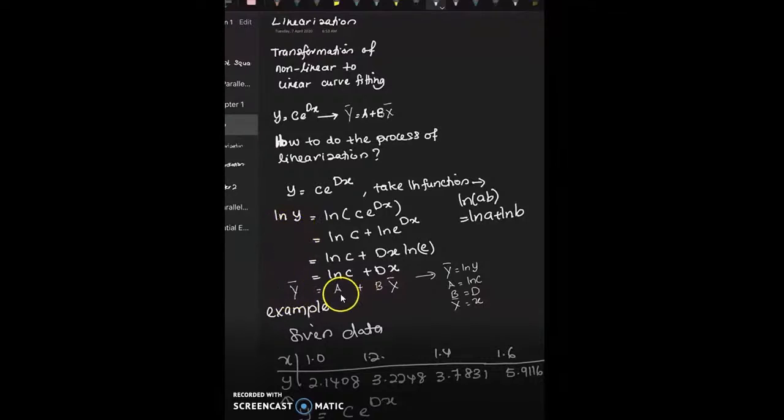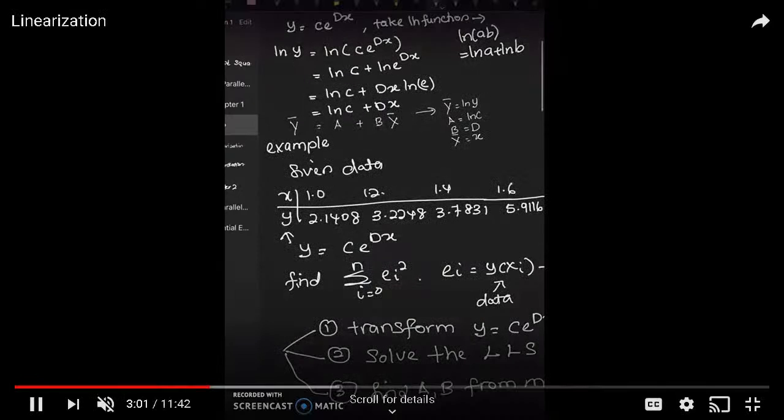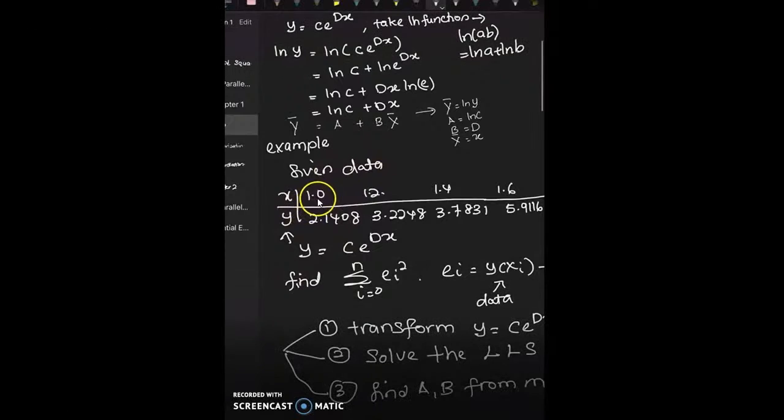Now let's go to the example, because in the next process we want to apply this to data. We want to make the data linear, and then find the values of c and d by knowing a and b.